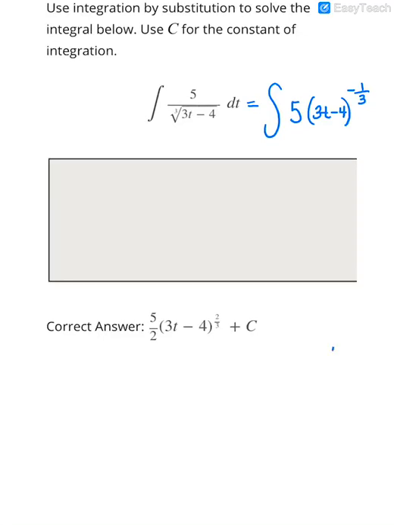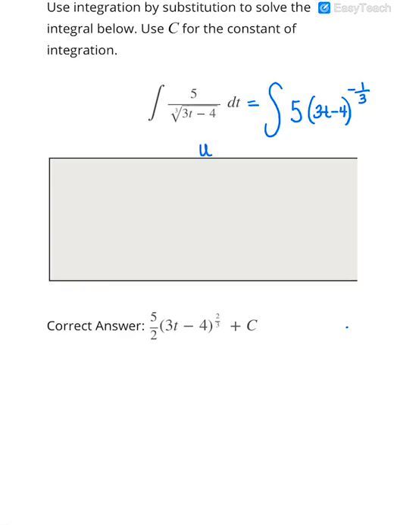So in this case, you would let your u represent whatever it is that is being raised to some power that would involve me doing the chain rule. So I'm going to let that be 3t minus 4. Now you always have to look at the derivative with respect to u, and I failed to put my dt there, so let me add that back.